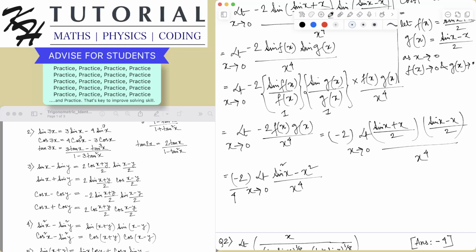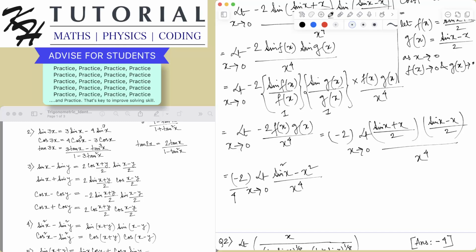So at this stage I am stuck. I am not sure how further I will manipulate this sin square x minus x square divided by x to the power 4, so that I will get a finite limiting value using the result that sin x by x tending to 0 is 1.